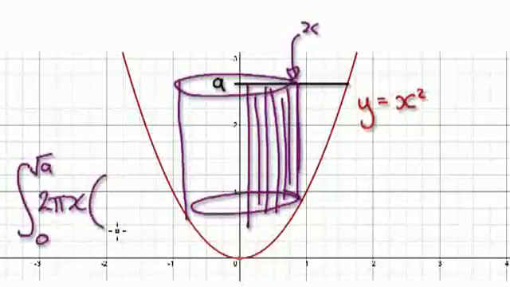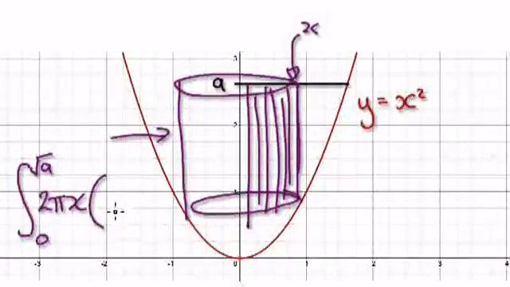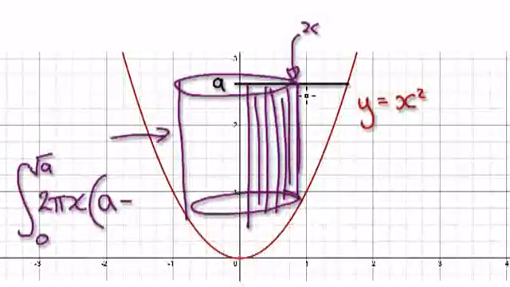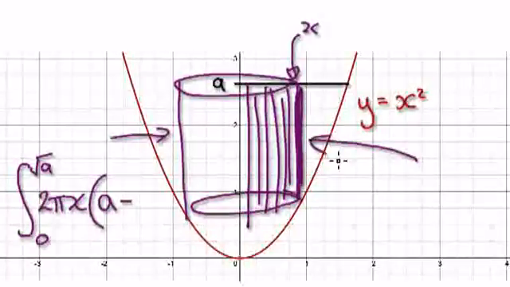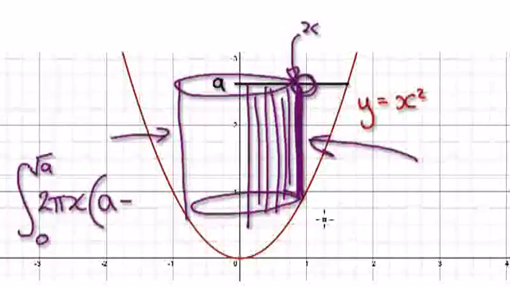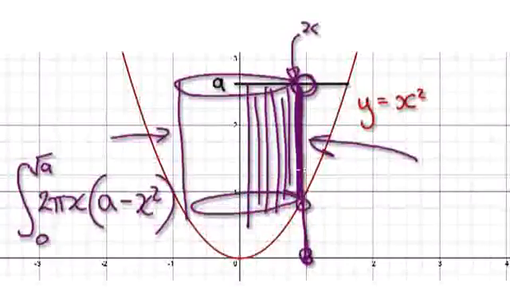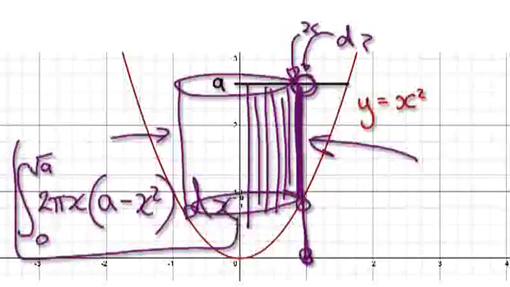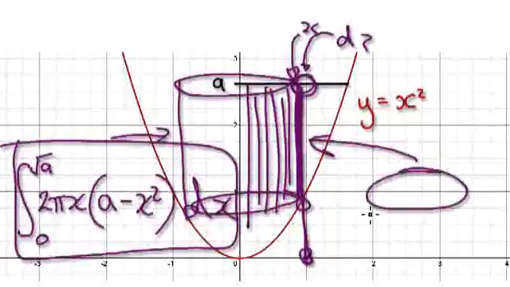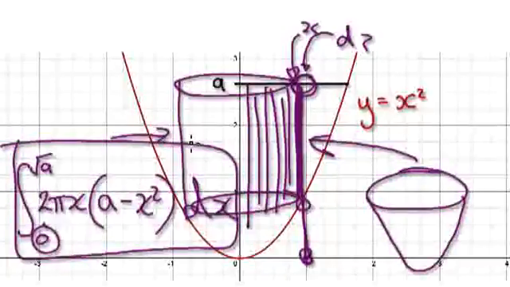Then we need to times the height, which would be a take away x squared. And don't forget the thickness is dx. This here will give us the volume of this whole solid, because we are summing up all the cylinders. Hopefully you follow up to here.